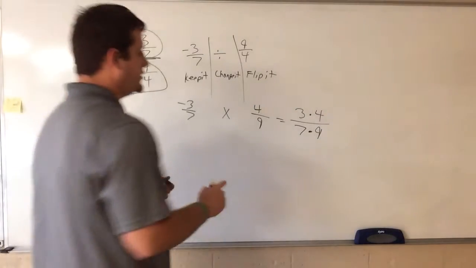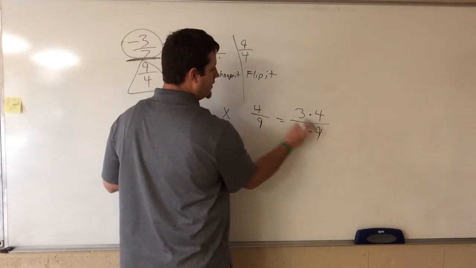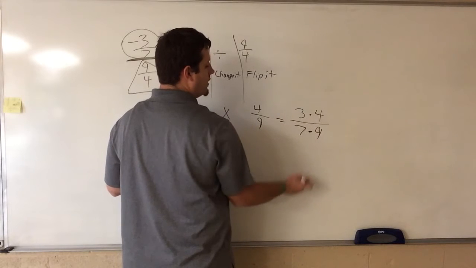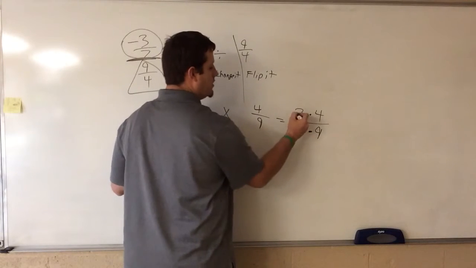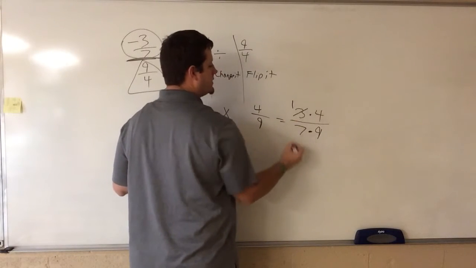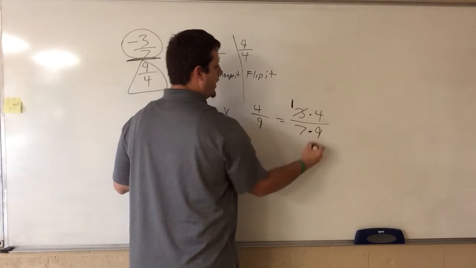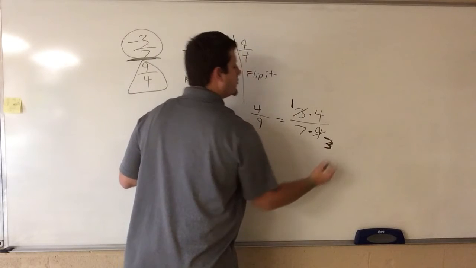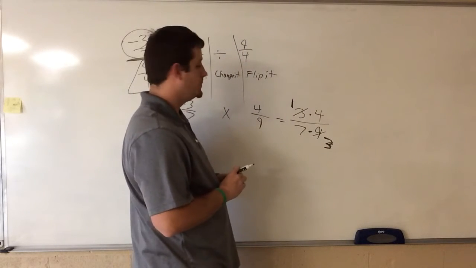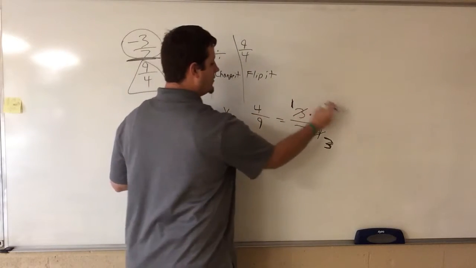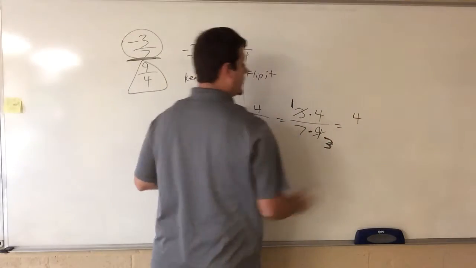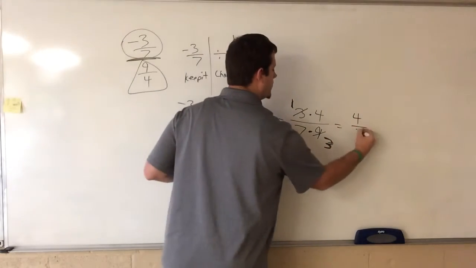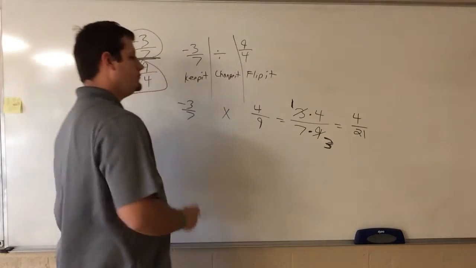Yep, if you're paying close attention, you see that the 3 and the 9 have a common factor that goes into them. 3 goes into 3 once, and 3 goes into 9 3 times, right? So now I have 1 times 4, that's 4. 7 times 3, that's 21.